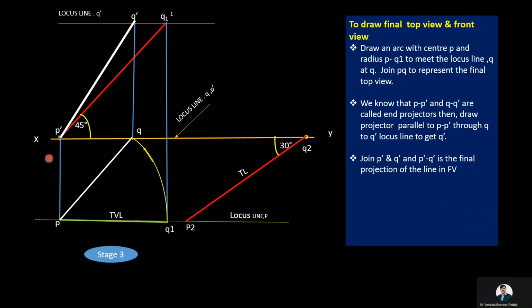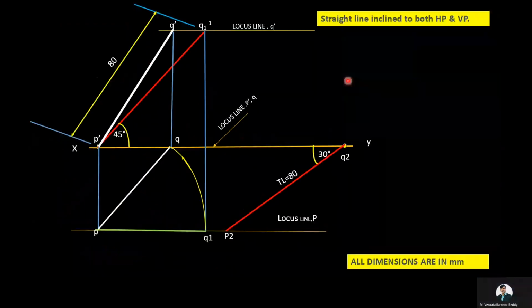Here, P dash Q dash is the final projection of the line in front view and PQ is the final projection of the line in top view. These are the required projections for the given line. In the problem, it is mentioned that one end of the line, say P, is on HP. So its front view falls on the XY line.